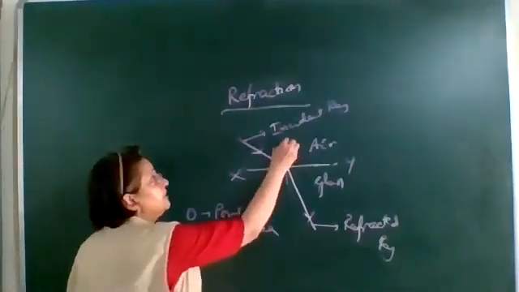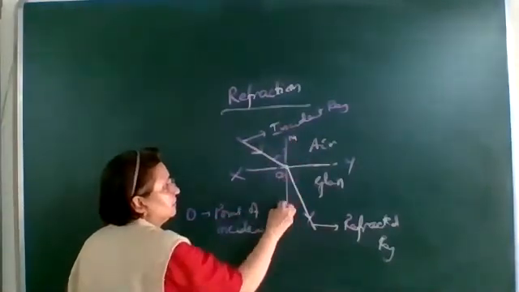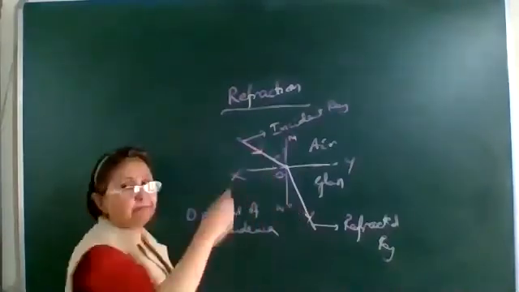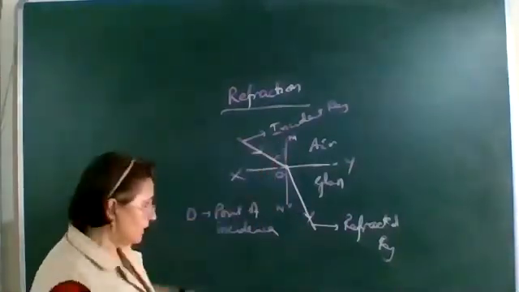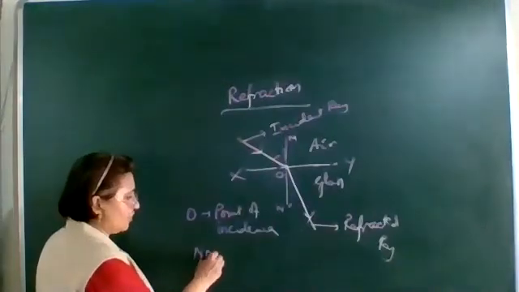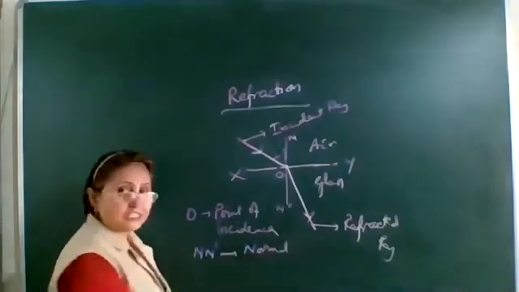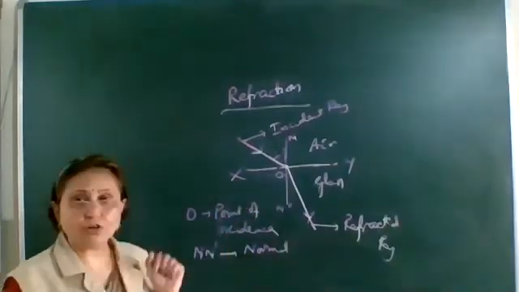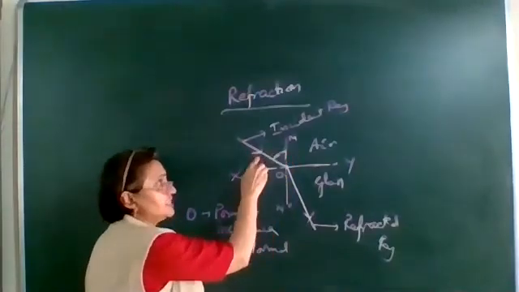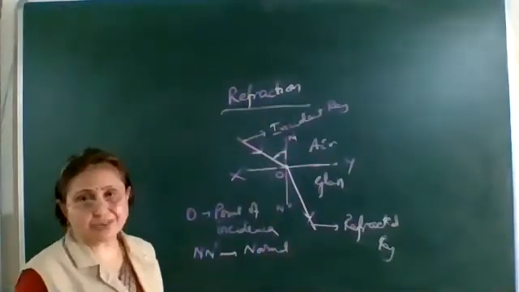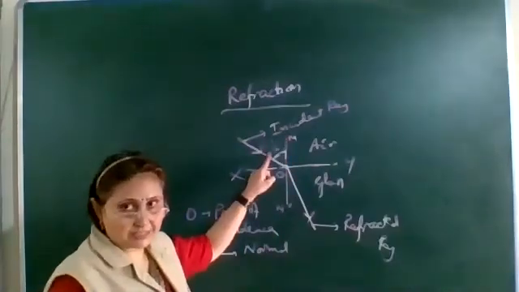Okay, and this N dash. We have drawn one perpendicular to the surface at the point of incidence. This N dash is called the normal. Normal means we have drawn one perpendicular. Now this angle, which is formed between the incident ray and the normal, is called the angle of incidence.